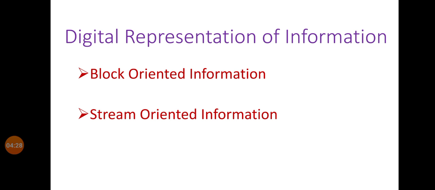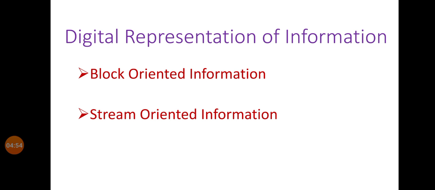Then come to the next one, that is stream oriented information. Block oriented information, as you already know, may contain text, numbers or some graphical images. Stream oriented information means information such as voice, music or video that is produced in a steady stream.